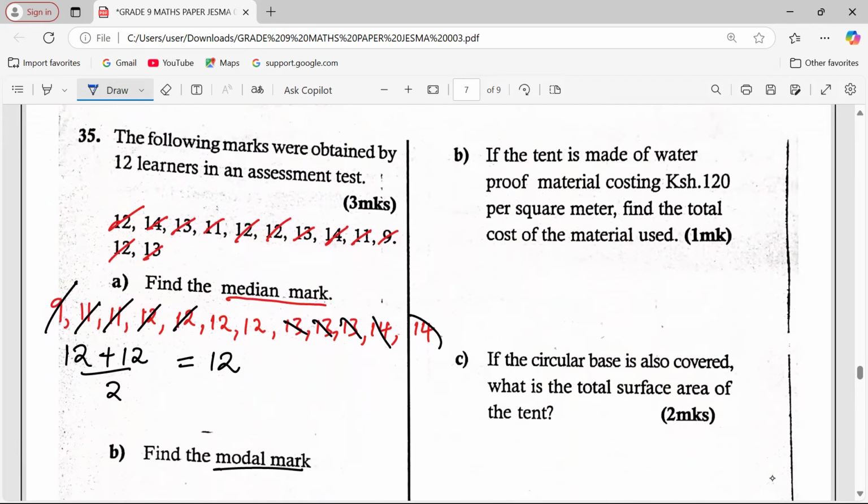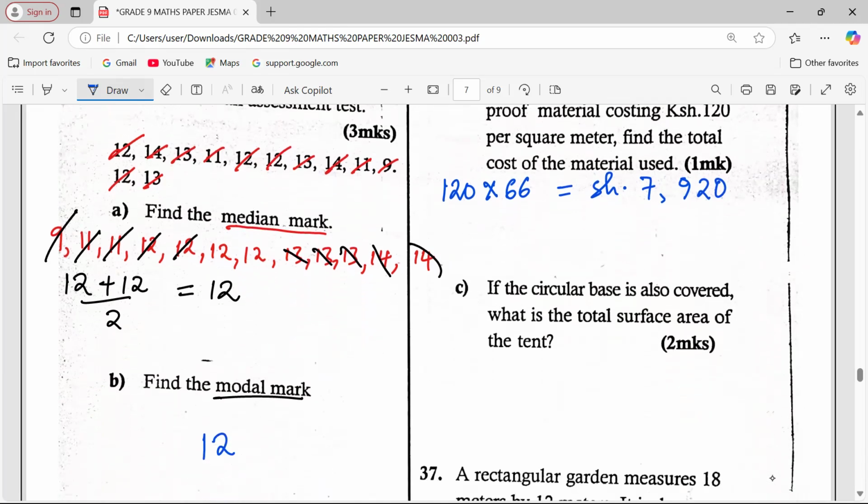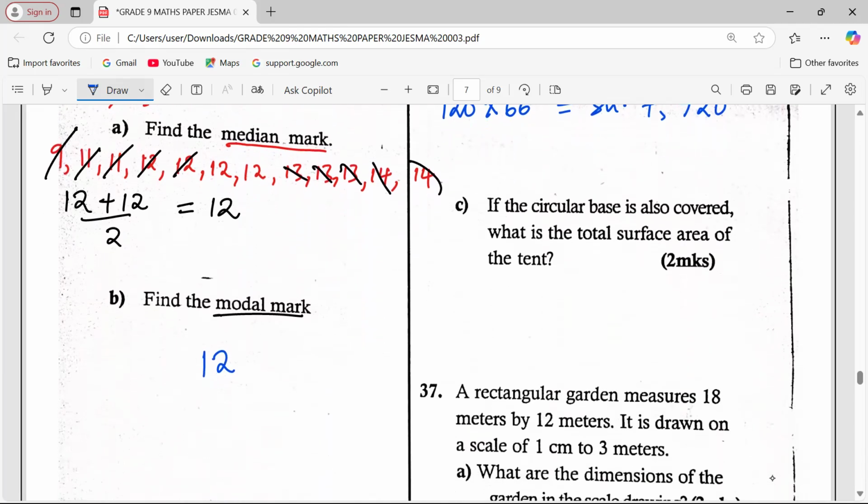So the material used is costing 120 per square meter, and we are going to cover 66 square meters. So this will give us a total of 7,920 Kenya shillings.